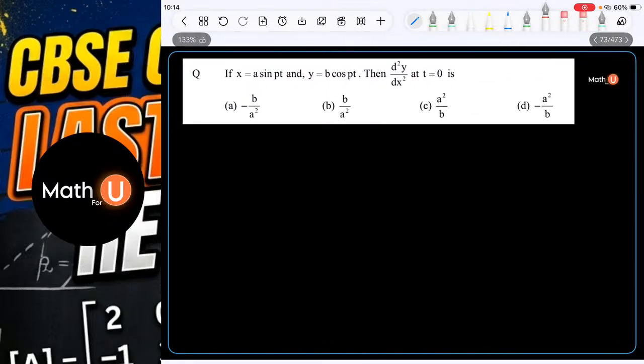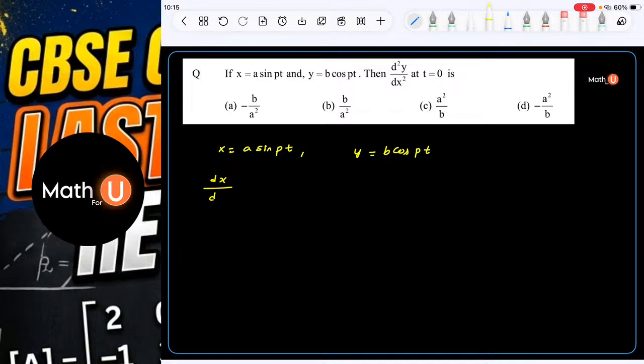Okay, next this is the question. Here x is equal to a sin pt, y is equal to b cos pt. What is d square y by dx square with respect to t? See, it is parametric differentiation. In the examination, definitely one parametric question they will ask.